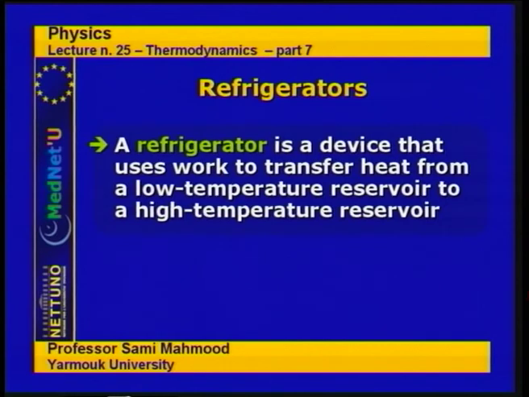What is a refrigerator? A refrigerator is a machine or a device that also exchanges heat with the environment, and it cools down a compartment. But as we mentioned in the beginning of the discussion of the principles of entropy, entropy does not allow you to extract heat from a cold place and throw it into a hot place.